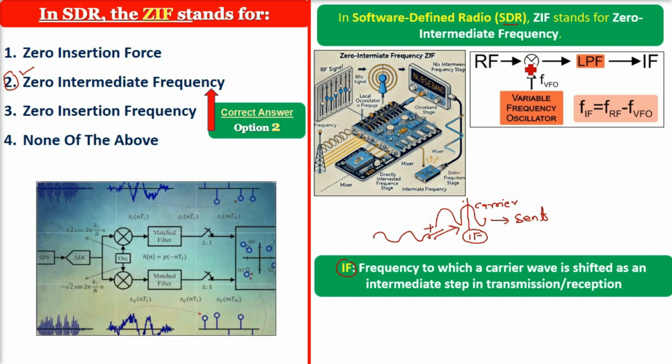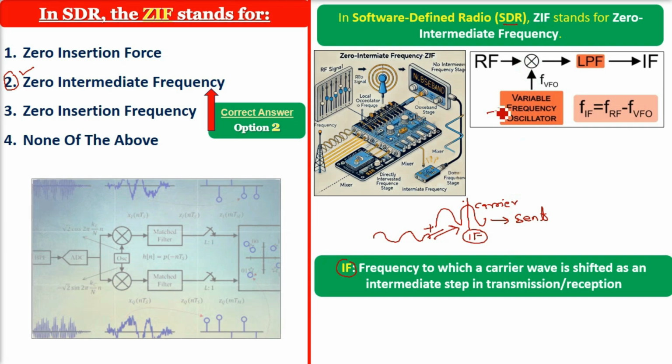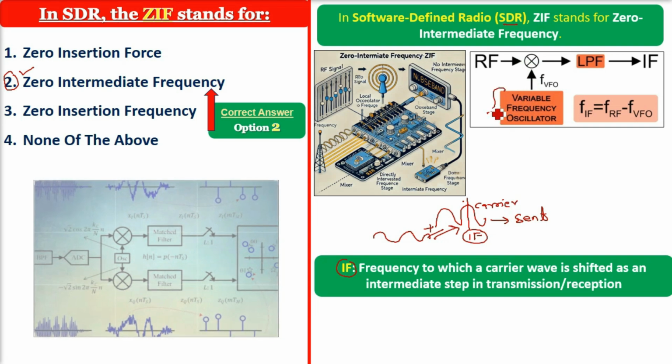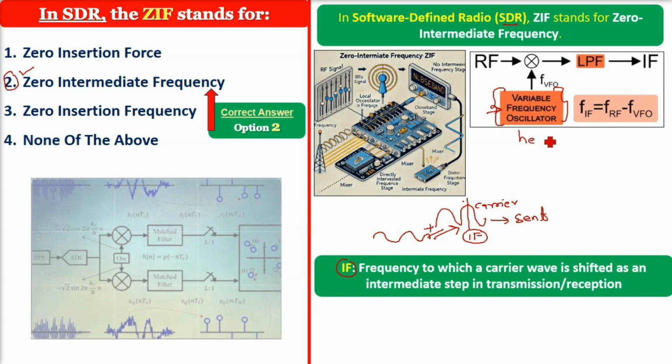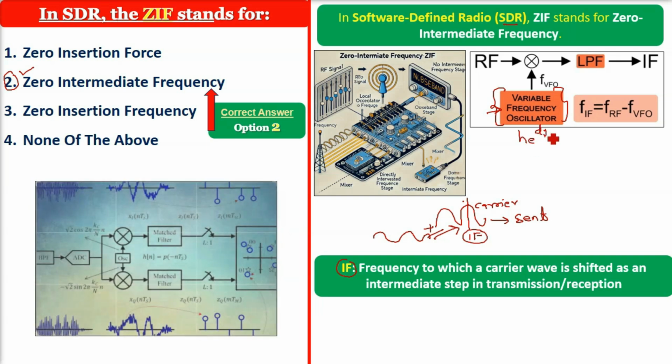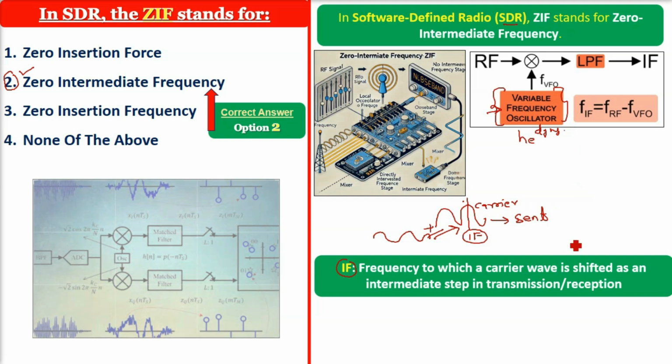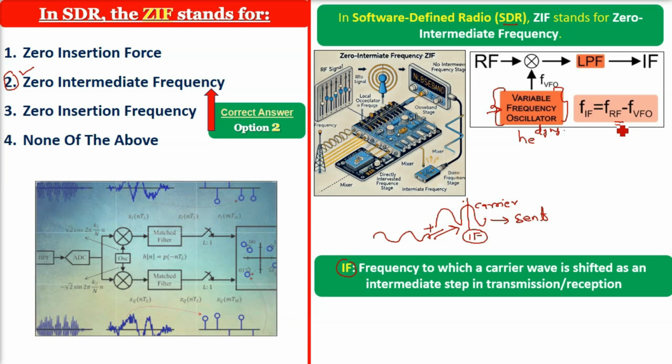This diagram partially shows what I'm talking about. Here we have the local oscillator signal. The carrier signal is mixed with this local oscillator signal, which is the process called heterodyning. And this results in a signal at the difference or beat frequency, which you see here.